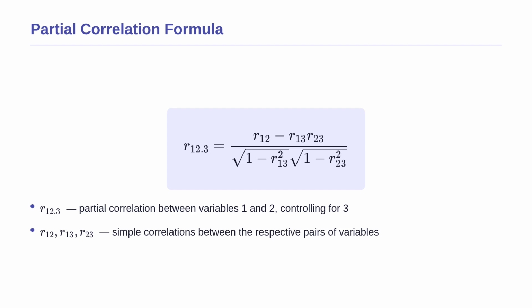The denominator acts as a scaling factor to ensure the final result stays within the standard correlation boundaries of -1 and +1. Notice what happens physically if the third variable has absolutely no correlation with the other two. The formula simply collapses back to the simple correlation R12, proving that if the third variable is unrelated, it has no hidden influence to remove.